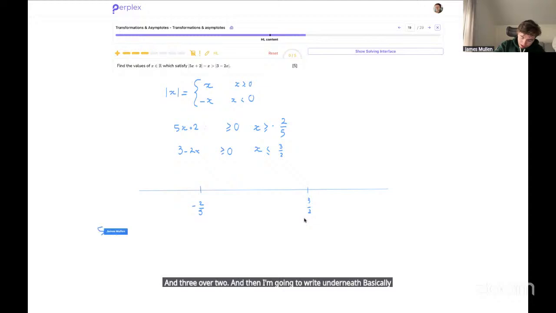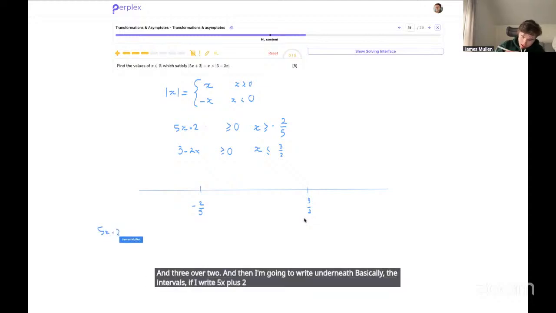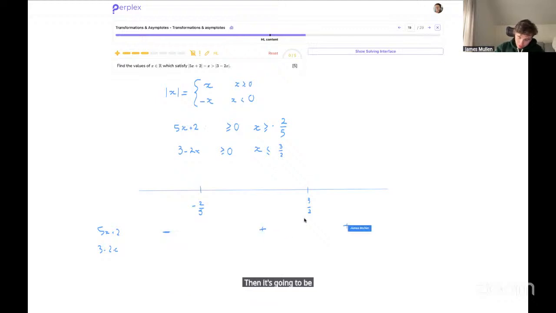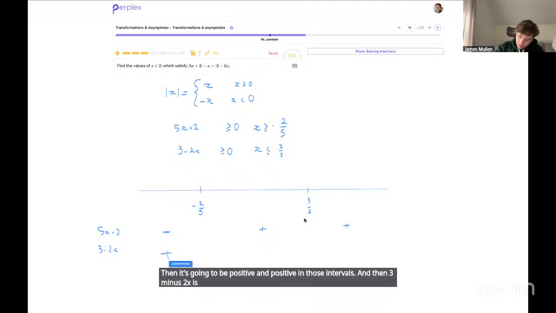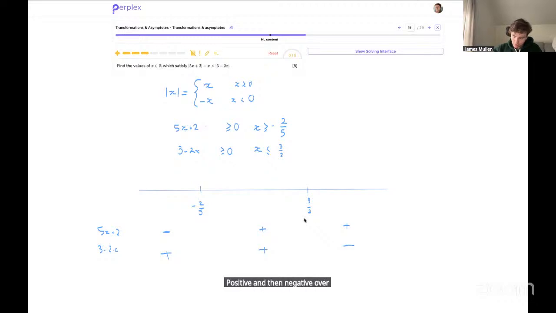If I write 5x plus 2 and 3 minus 2x, the first is going to be negative here, then positive and positive in those intervals. And then 3 minus 2x is going to be positive, positive, and then negative over here. Okay? So that actually gives us three cases to consider.